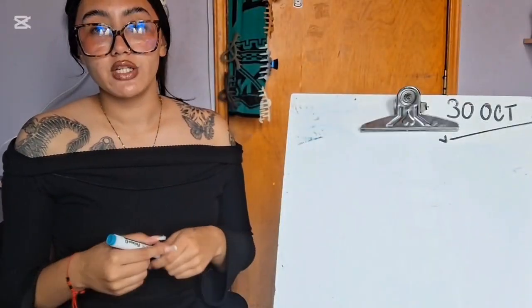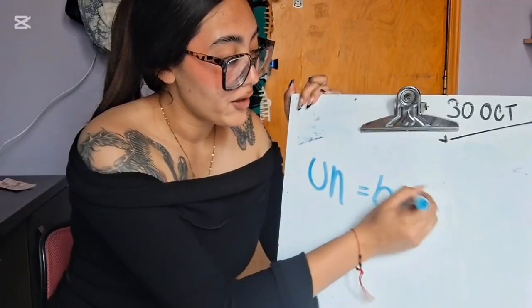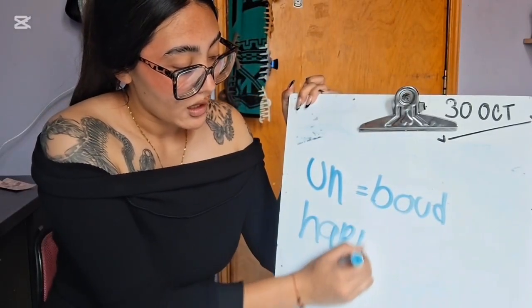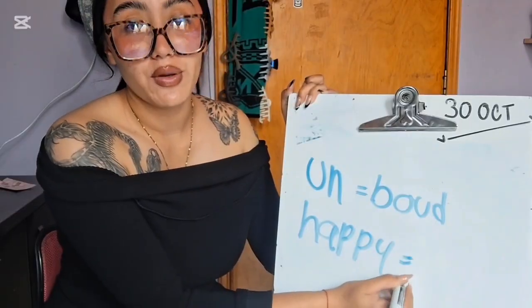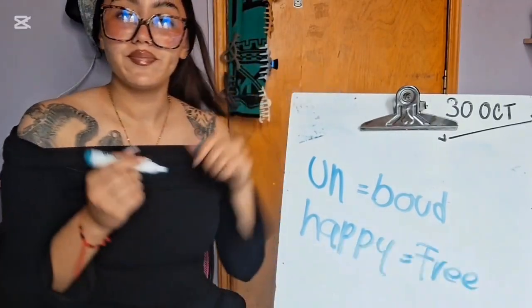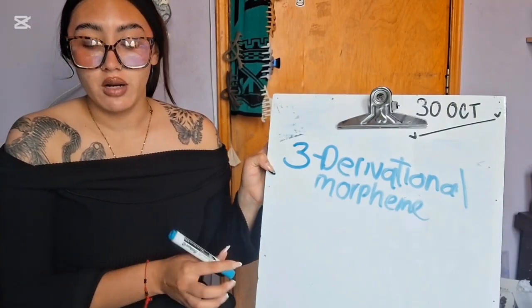So, unhappy has 2 morphemes. Exactly, Michelle. Un is a bound morpheme, and happy is a free morpheme. So the third type of morpheme is the derivational morpheme.